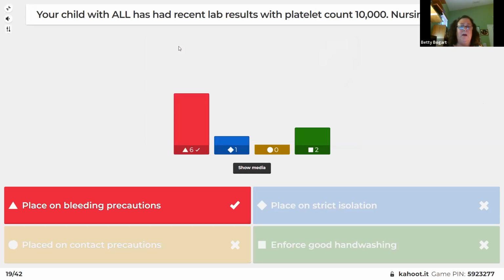This is when you put them on bleeding precautions, okay? It has nothing to do with infection. Platelets, if you don't have enough, you're going to bleed. It's ITP, right? You're going to have that petechial rash, nosebleeds, and you're going to have bruising, right? Bleeding precautions, which means no IM injections. Watch them for bleeding.